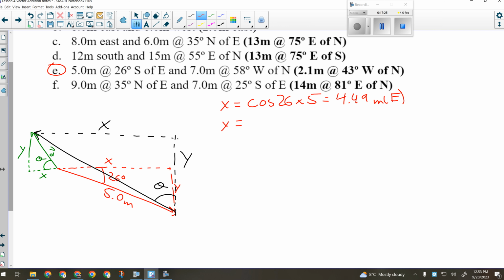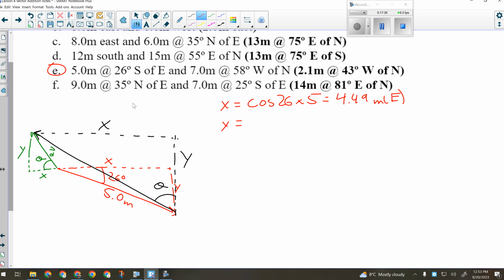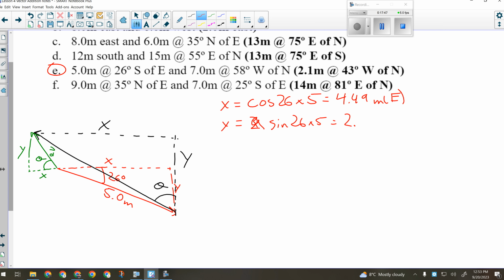Then y is the opposite side, so that'll be sine of 26 times 5, which is 2.19 meters, and that'll be south. Everybody all right with that?